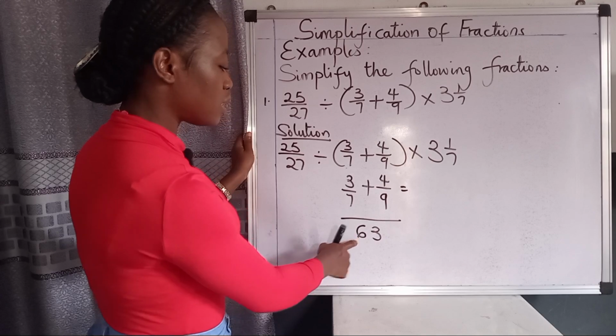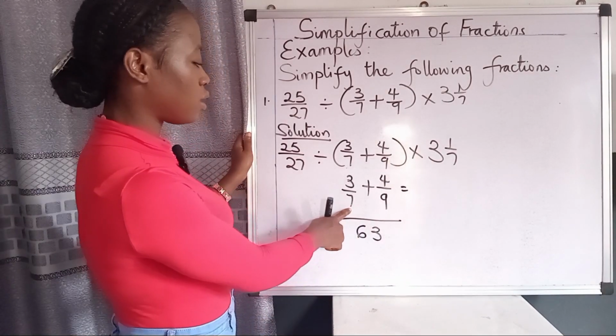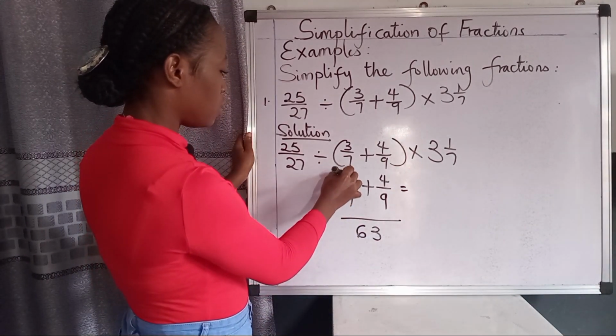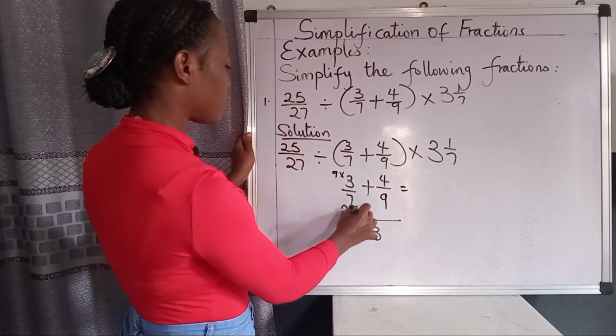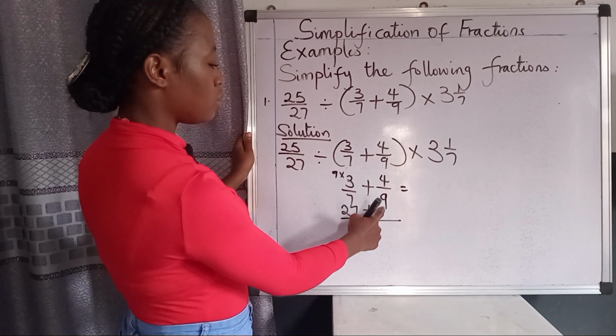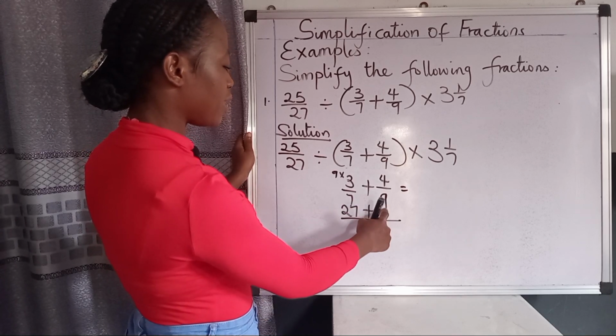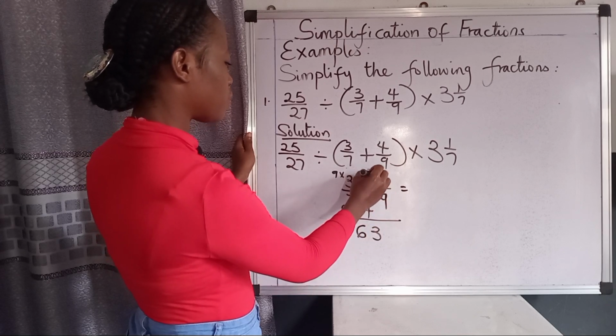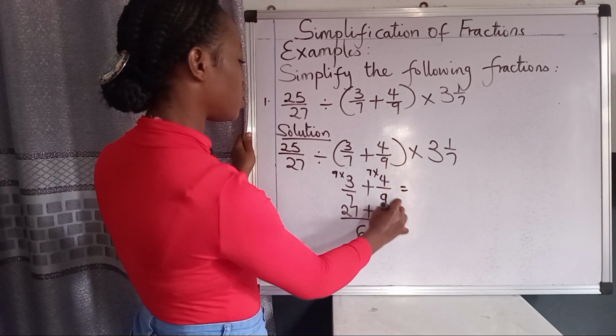So 63 divided by 7 is 9. 9 times 3 is 27. Plus 63 divided by 9 is 7. 7 times 4 is 28.